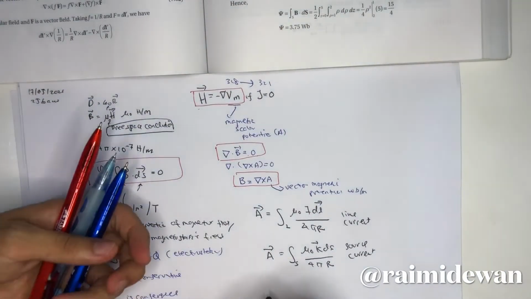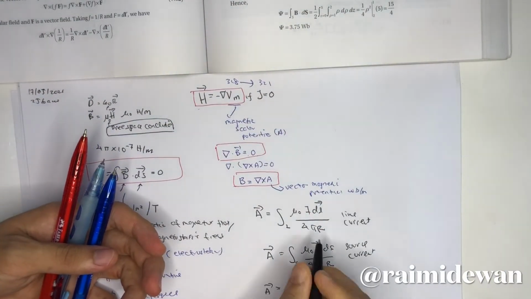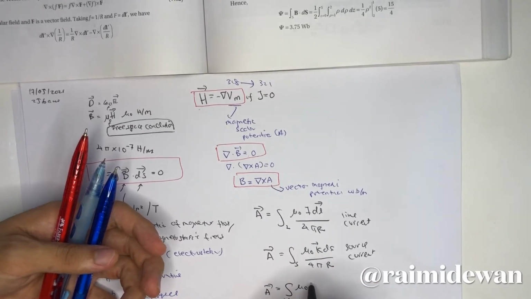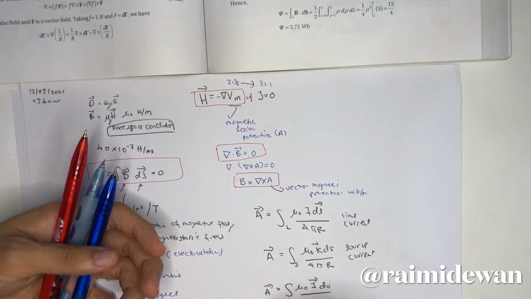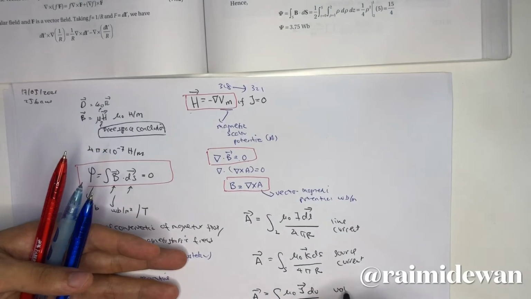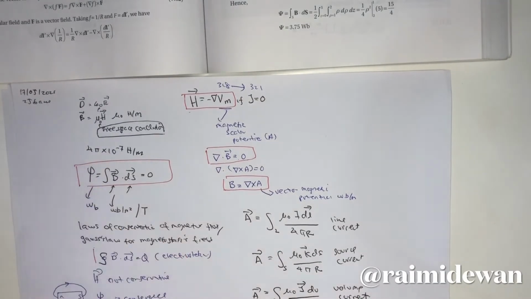And then we have A equals the integral of mu naught J dV over 4 pi r. This one is meant for volume current.